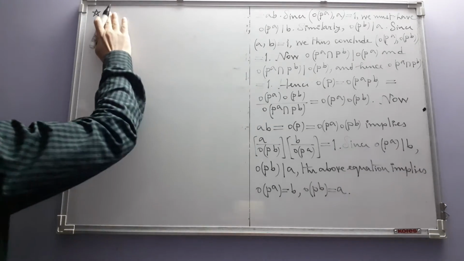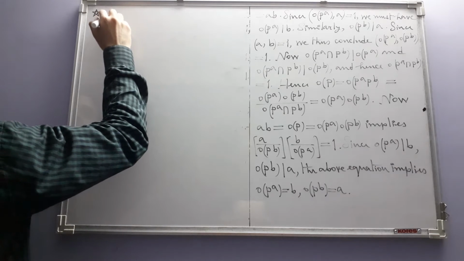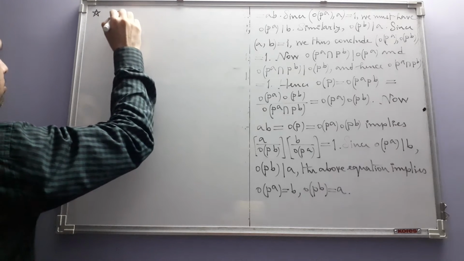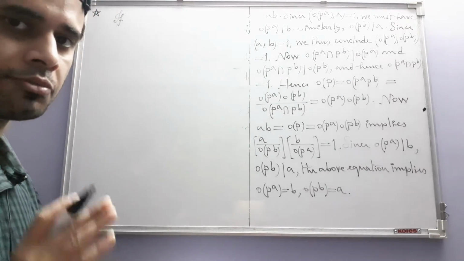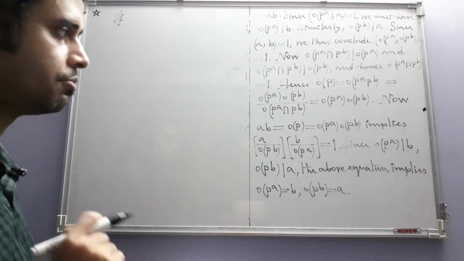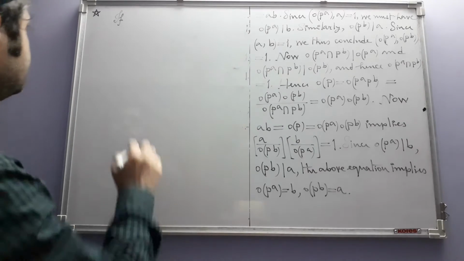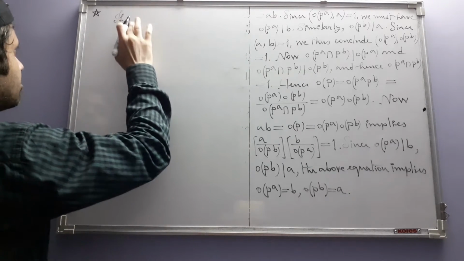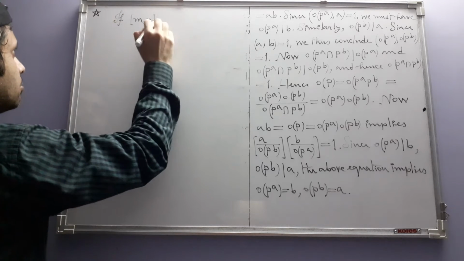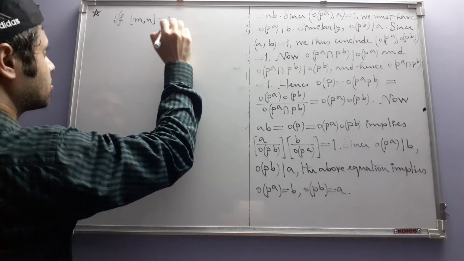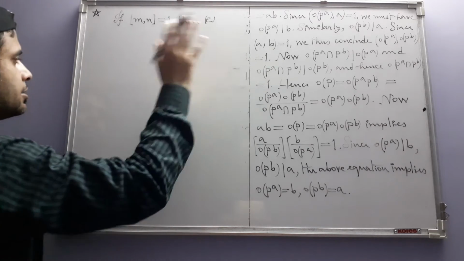Now we write in a new paragraph. If we now have to prove, we have two subgroups H and K of orders M and N respectively. So we need a subgroup whose order is the LCM of M and N. So if the LCM of M and N is equal to 1, then it's trivial.